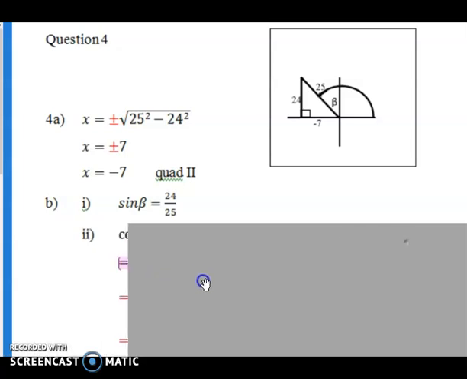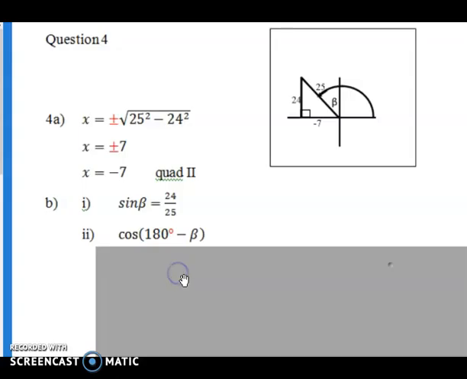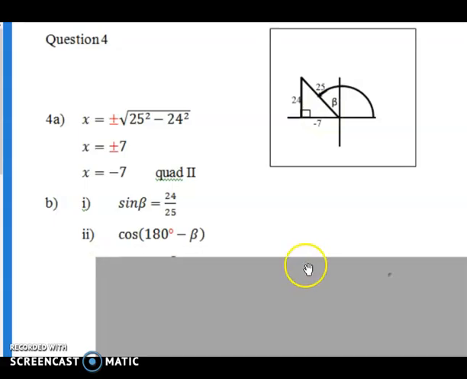The next sum asks us to calculate cos of 180 degrees minus beta. So from here to there is 180 degrees. So if I take beta away, then it is this acute angle that remains. So the first thing I write now, cos in the second quadrant is negative.